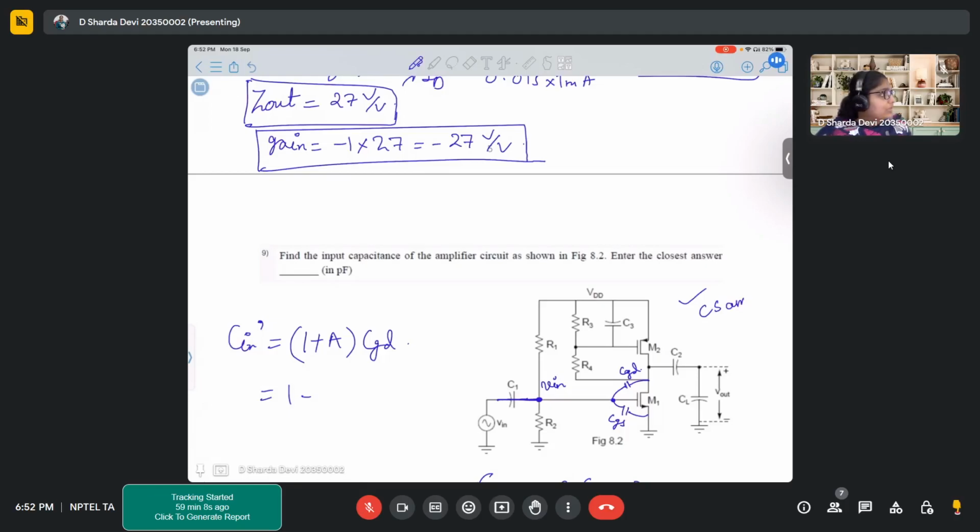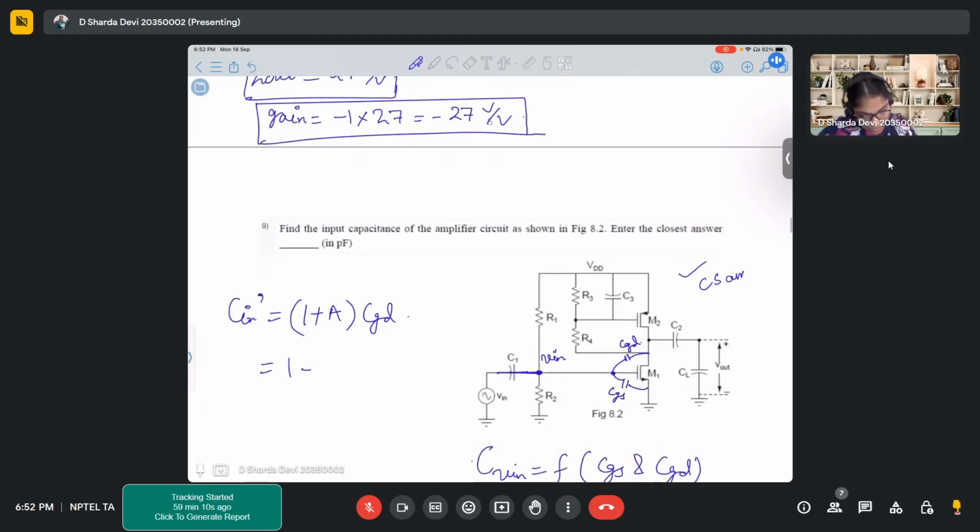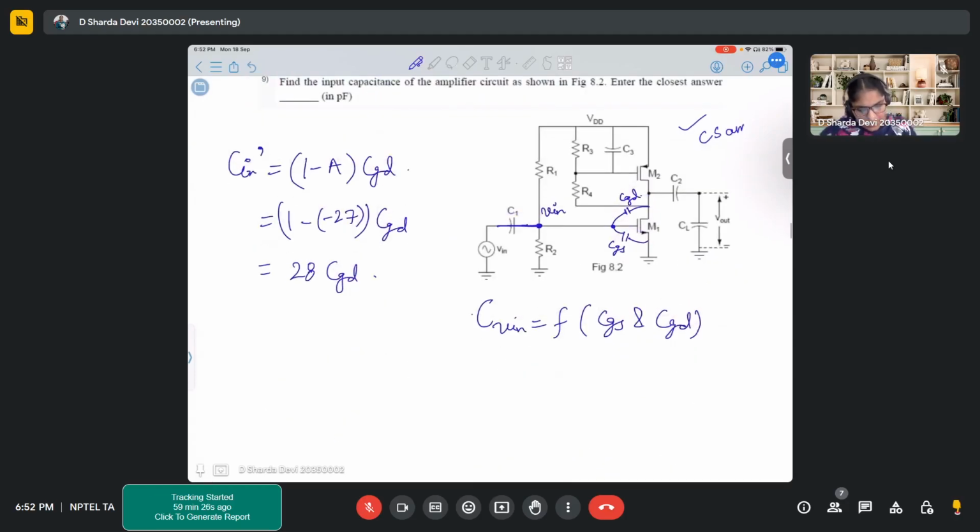So it is like 1 minus A, right? 1 minus A. So I already considered the sign. So here, when it is minus 27 into CGD, it will become 28 into CGD. And again we have CGS.